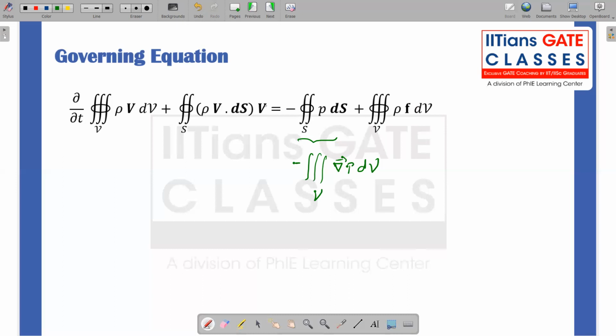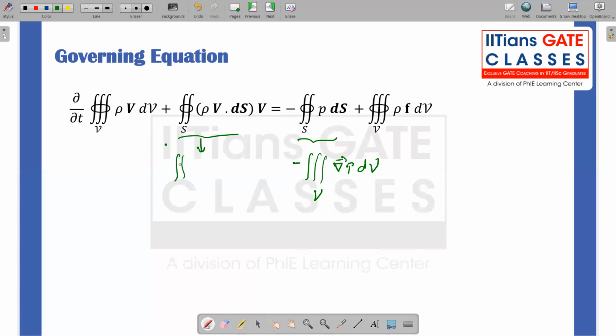But here it is quite difficult because we have a vector field, so I cannot use the divergence theorem straight away. For that, what I'm going to do is split this into individual components.